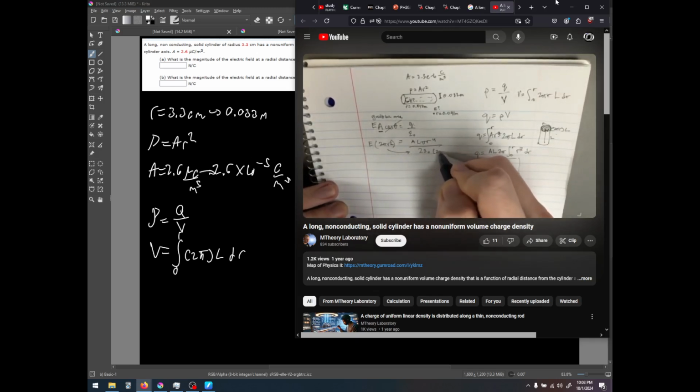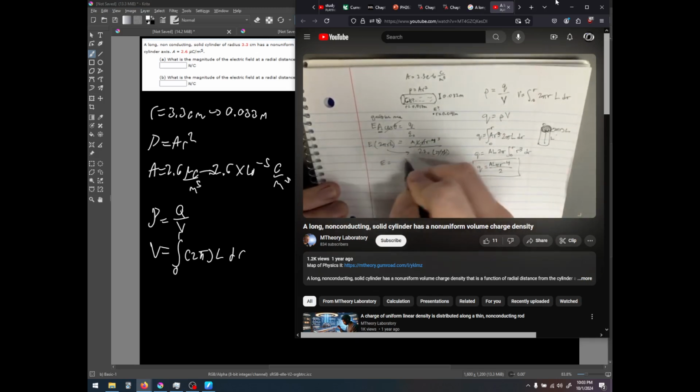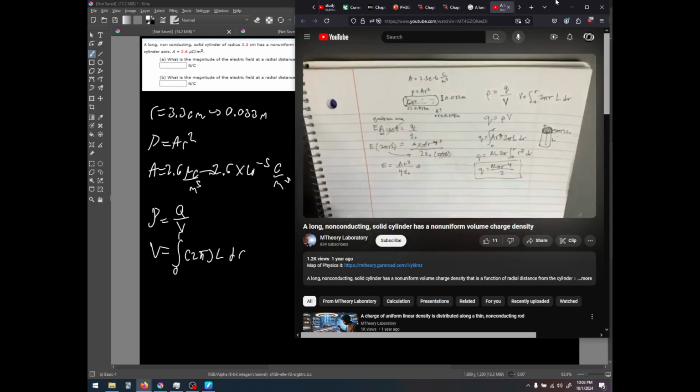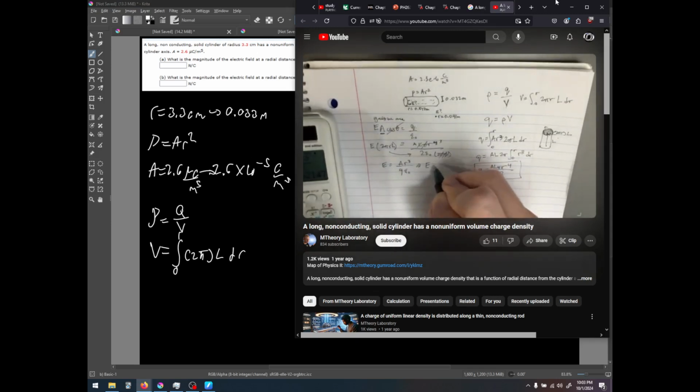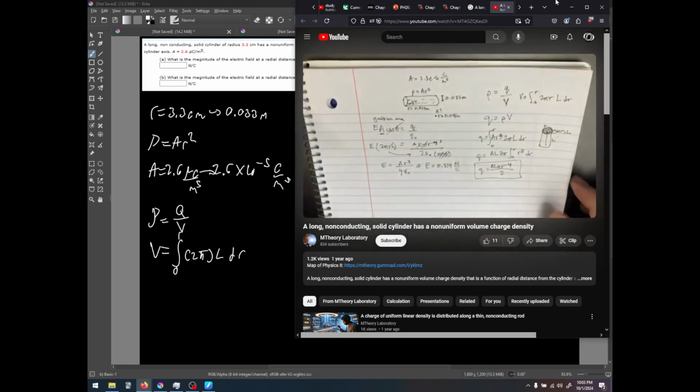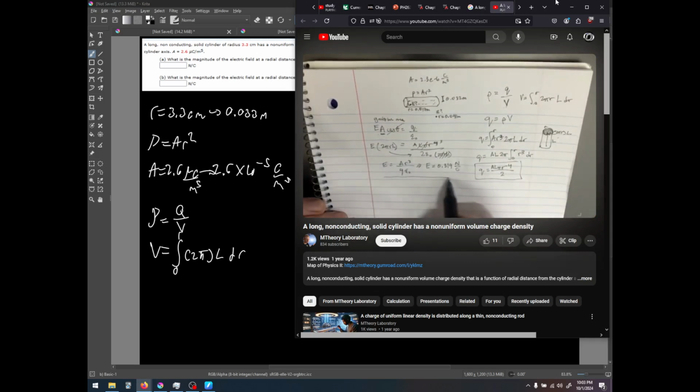So this will cancel, and this will cancel, and this will become 3. So we get the final answer here is A r to the 1/3 divided by 4. This is for part 1. So the solution to this one is just going to be E equals 0.319. That's going to be the solution for the first problem.